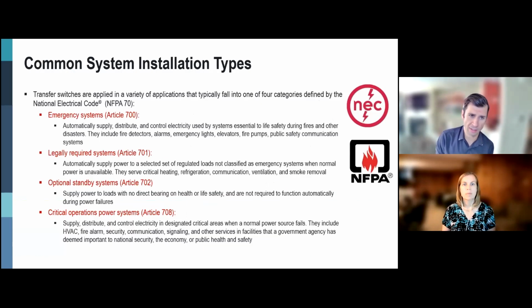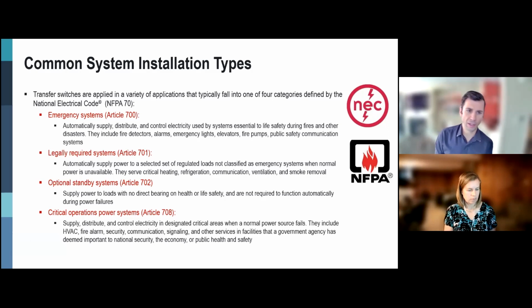When you're designing a system, or specifying a transfer switch, there's things that we need to understand and look at. One of the things that we need to look at is the code, right? So NFPA is one of the things that I've highlighted in here. There's other codes that I'll talk about, but I don't have a slide on.